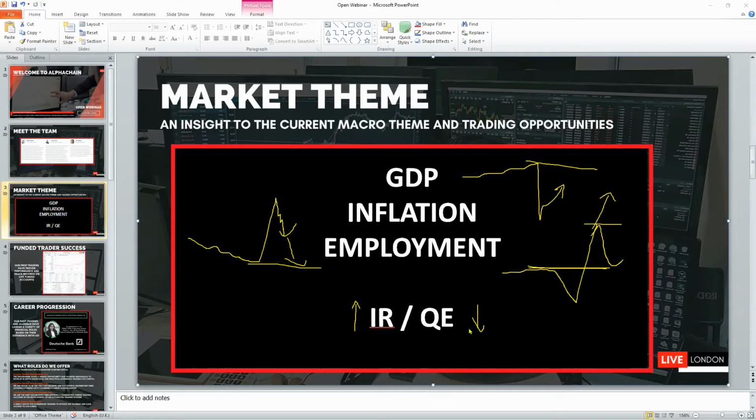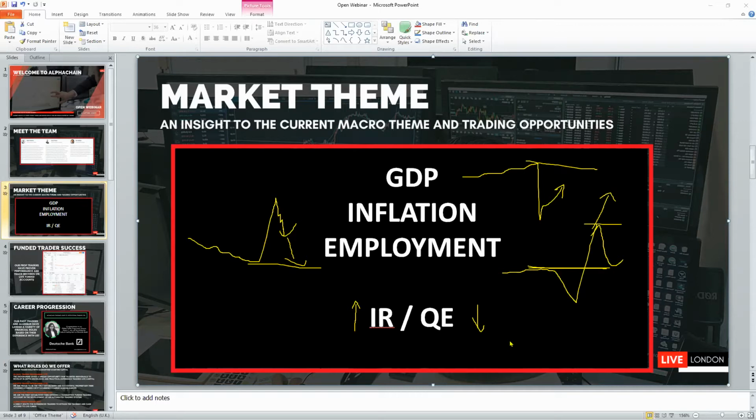QE was a method actually brought in by the Bank of Japan quite a few years ago, I think almost over a decade now. When you've got a falling economy, the economy is not growing as the central bank would like it to, and you've got low levels of interest rates, that means you've got no firepower. You've got nothing that you can use to help prop up the market.